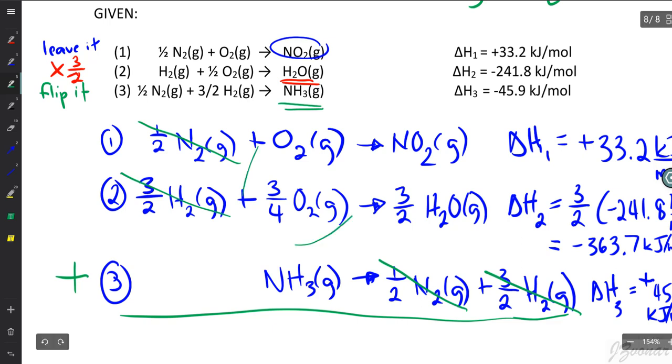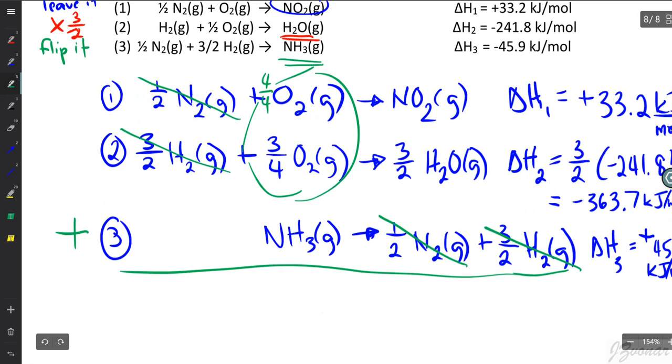So we'll notice that we can add up this 1 oxygen to 3 over 4 oxygen. So what you should do is make this 4 over 4. Because when we add, we've got to make sure we've got a common denominator. And 4 over 4 is just like saying 1. Hence, this is going to give me 4 over 4 oxygens plus 3 over 4 oxygens gives me 7 over 4 oxygens.